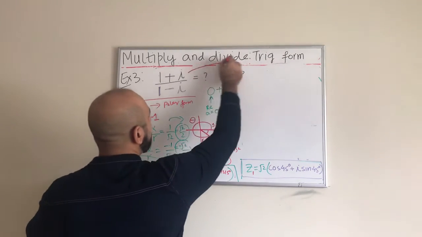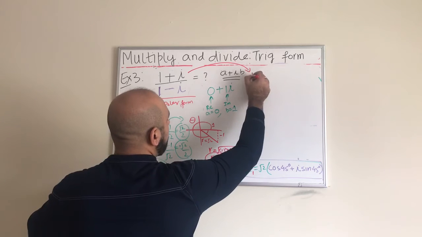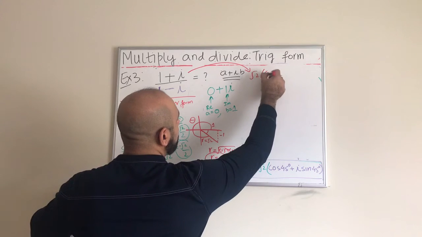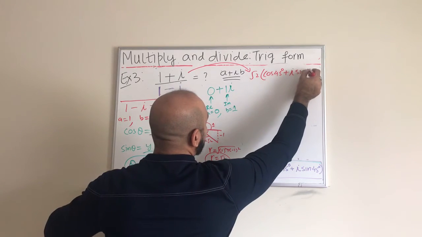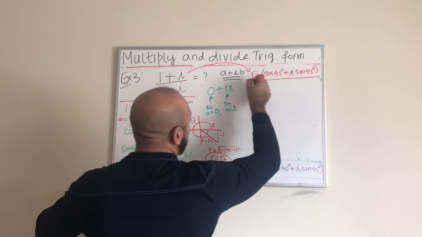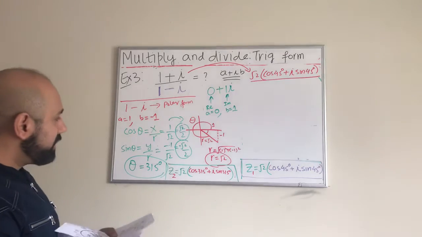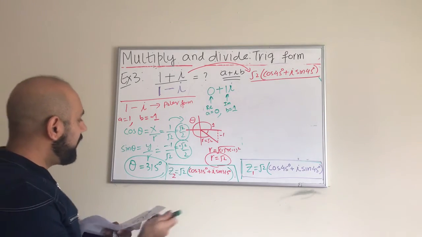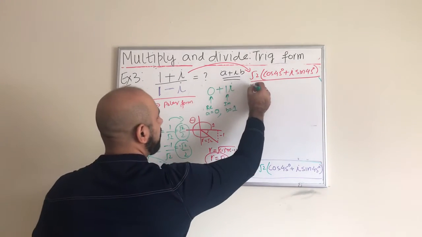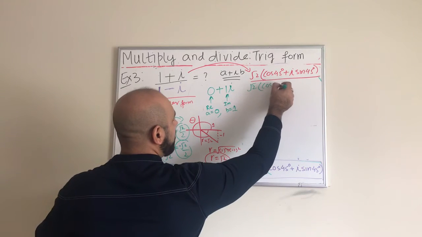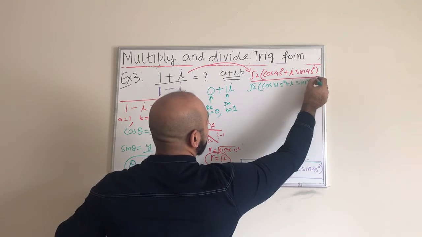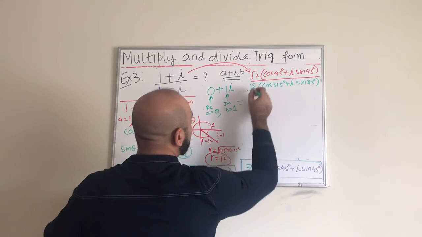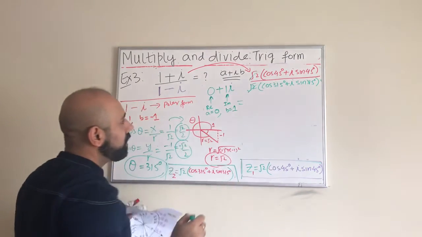So this is equivalent to radical 2 times cosine of 45 plus i sine of 45, divided by my denominator transformed as well, which is radical 2 times cosine of 315 degrees plus i times sine of 315 degrees. Guys, from here we can clearly see that the radical 2 and radical 2 just cross out.